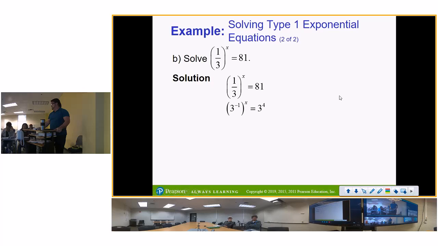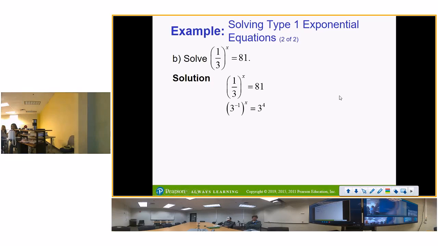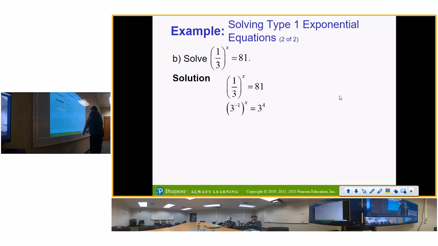Because if you reverse, and there's a rule, if you flip what's inside the parentheses, it makes the sign of the exponent the opposite sign. It's kind of a continuation of the inverse rule. I'll show you the two I'm talking about.